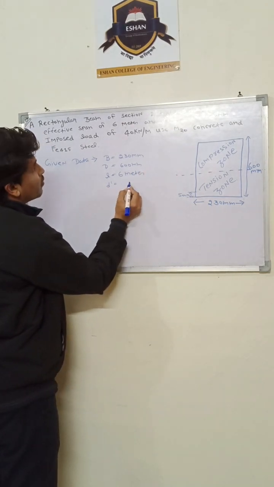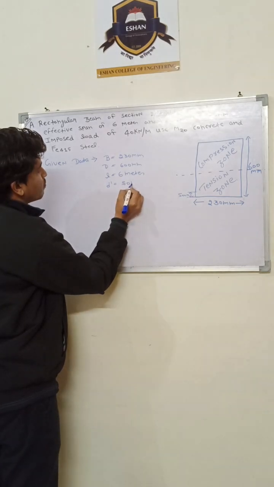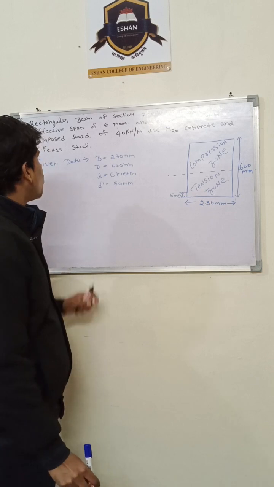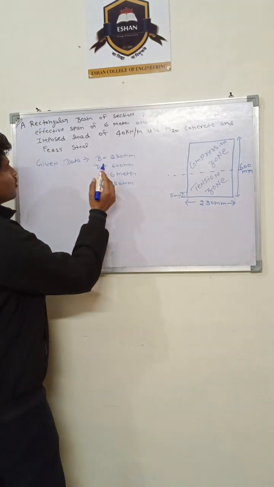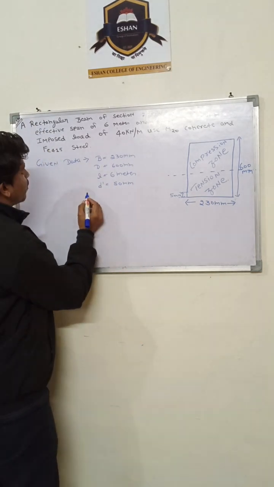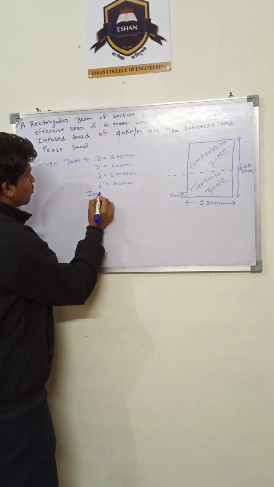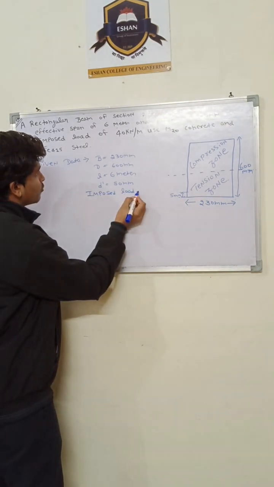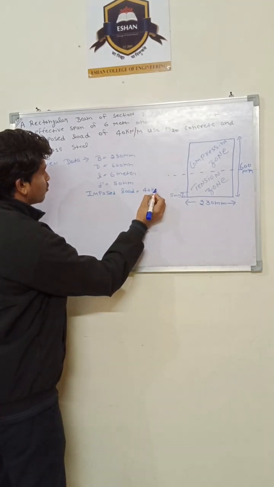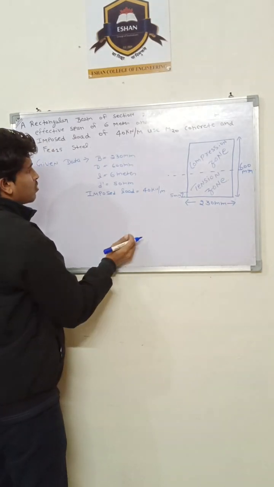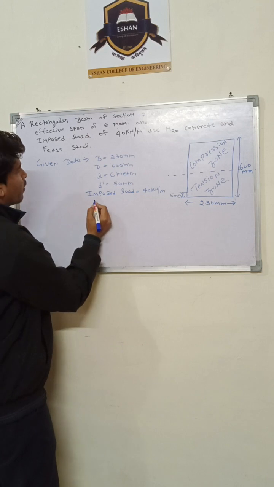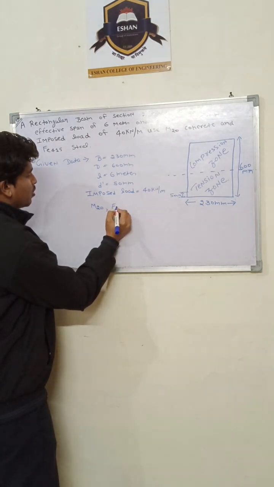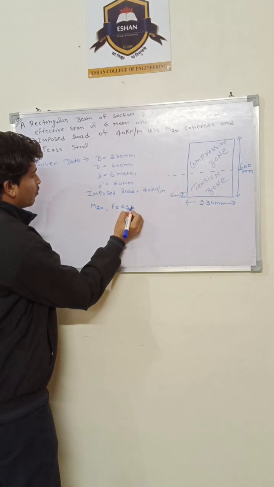D dash is the cover, given as 50 mm. And the superimposed load is given as 40 kN per meter. And grade of concrete is M20 and grade of steel is Fe415.